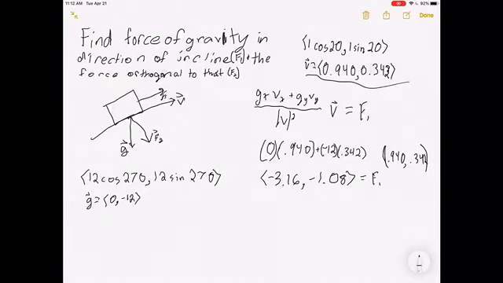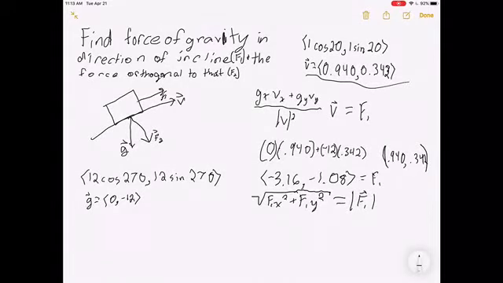We put this into our equation: F1x squared plus F1y squared is equal to F1. So that's what we're trying to find.